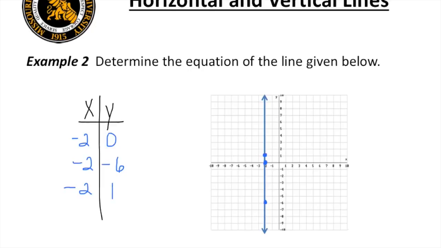But notice there are infinitely many points that all have the x value of -2. Therefore, the equation for this vertical line is x equals -2.